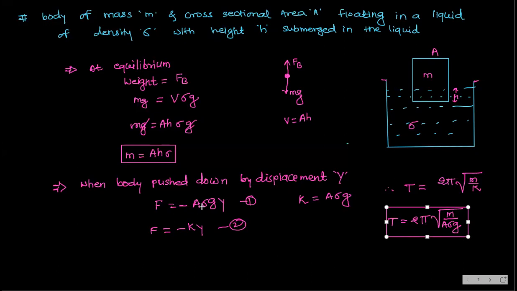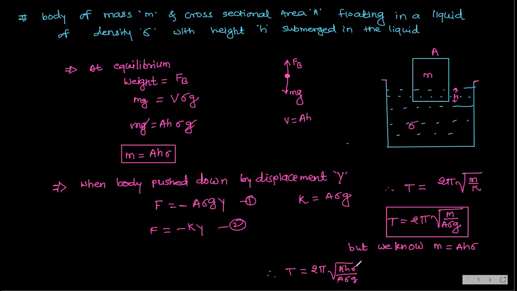But see here. Just before some time we have found that m is equal to A H sigma. Can I substitute that value there in the above formula? And therefore time period T is equal to 2 pi under root A H sigma divided by A sigma g. So what I can cancel?